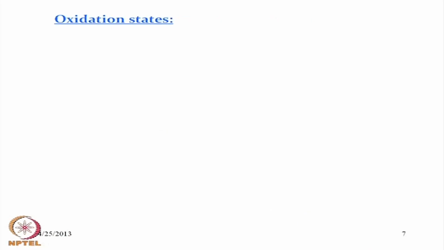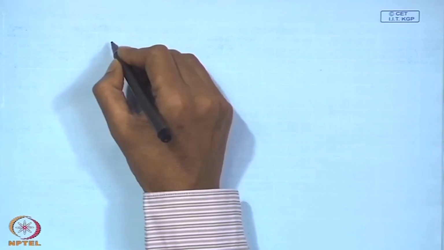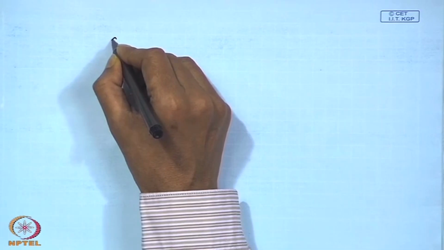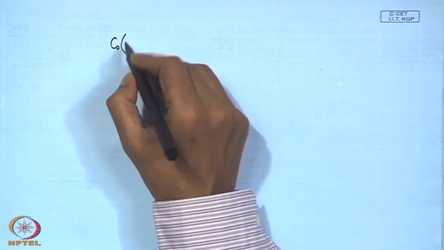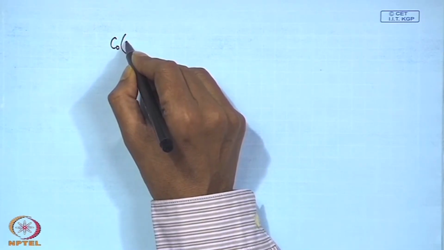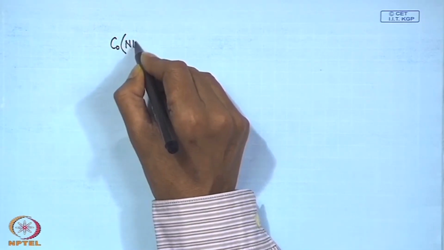So, what we see next is ligand, then metal centers, and how we find out the corresponding oxidation states. Balancing the entire molecule, we get the oxidation state. We are taking a very useful example of a cobalt compound which we prepare from cobalt(II) chloride by the addition of ammonia.